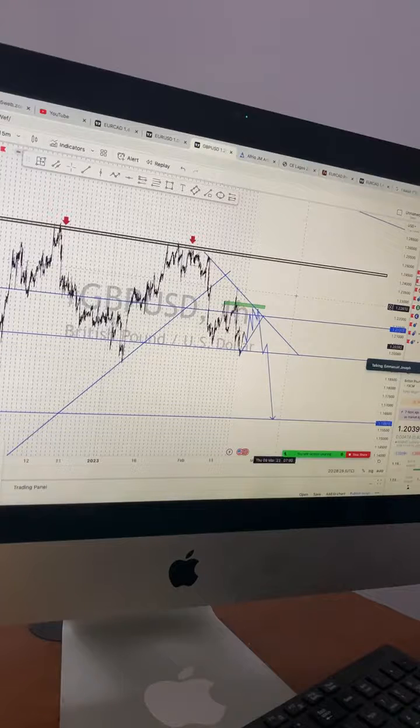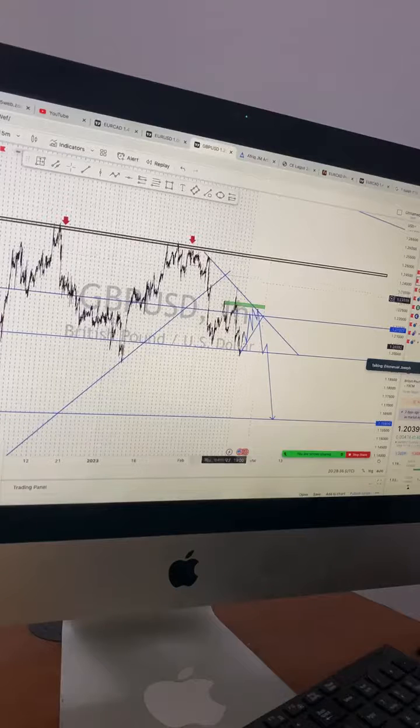The direction of the market is already clear.